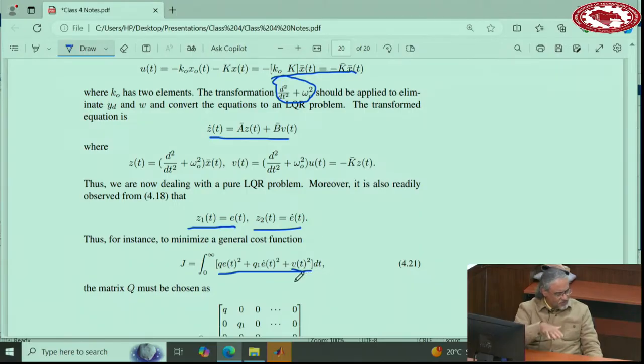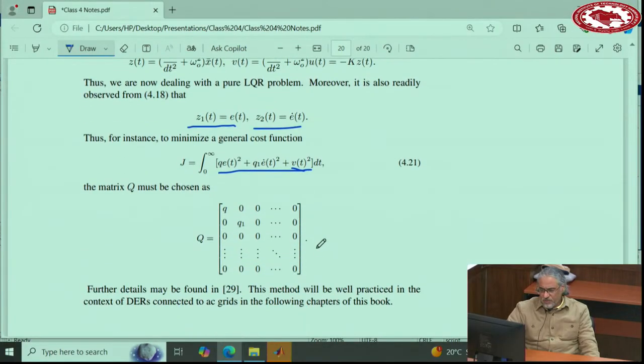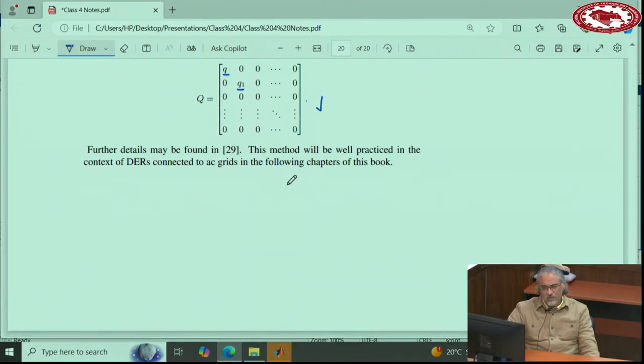So it minimizes the expenditure of the control, so to speak, in optimal control terminology, and it minimizes the energy loss in the state variables. So your Q now has two elements, q and q1, and your R is 1. You just go ahead and solve the LQR problem. Now you have two parameters to adjust, q and q1. In the previous case, you only had one q. Here you have q and q1.